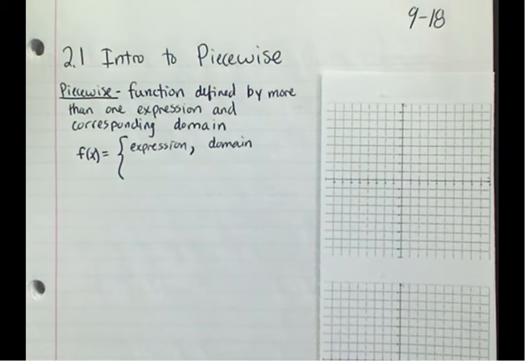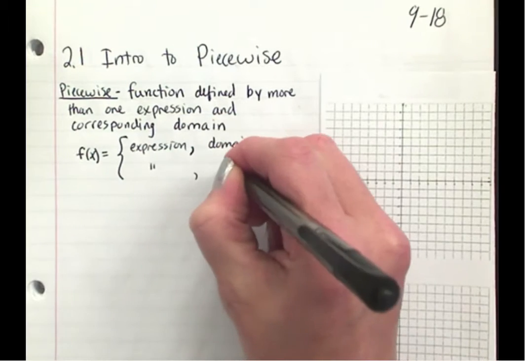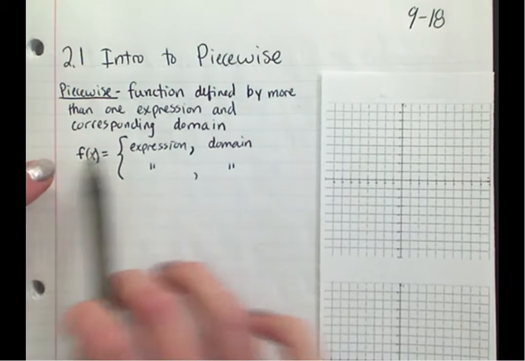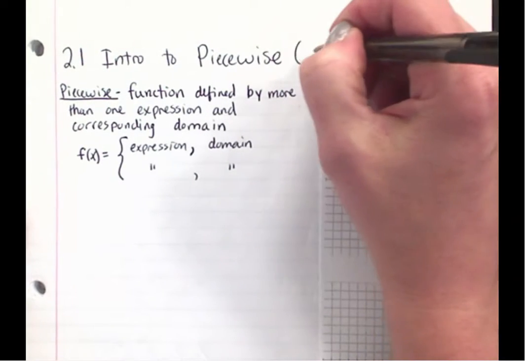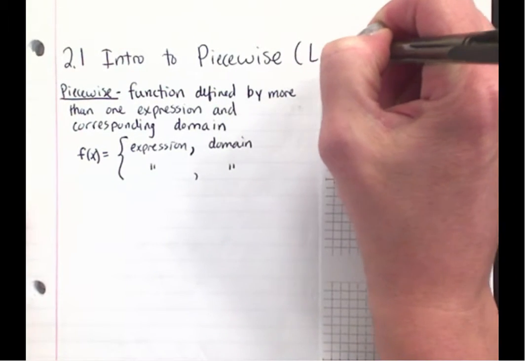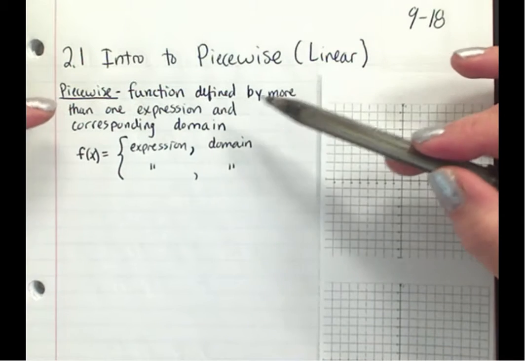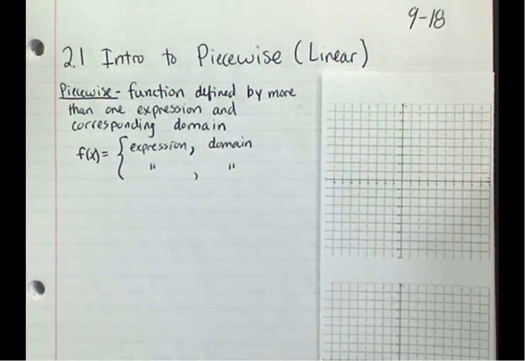And it just says more than one, which means you just list as many as you have in the problem, but it's more than one. If it were only one, it would be a linear equation that you graphed last class. This time, we are doing linear piecewise, which means it will be more than one linear expression and corresponding domain.